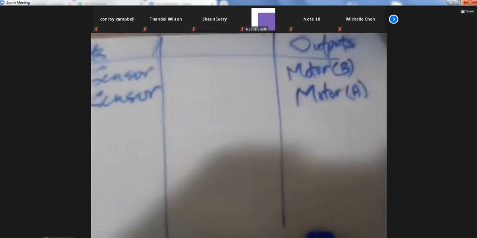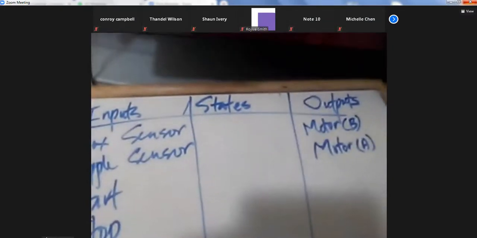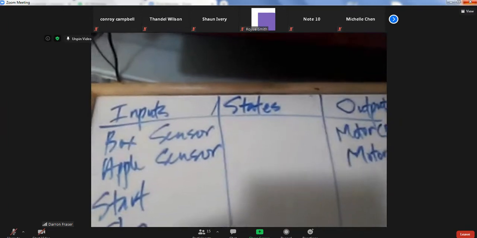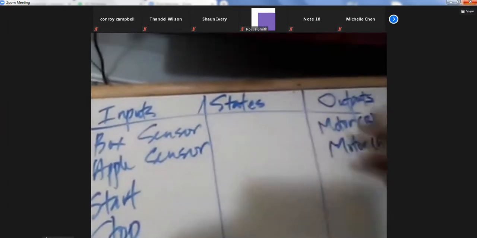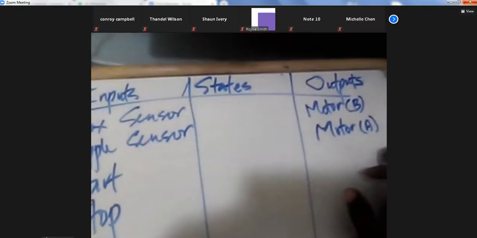So after we have identified the inputs and the outputs, the next thing that we have to identify are what we call the states of the system. The states of the system would be, well, let me make it simple by just saying what states our output would be in.